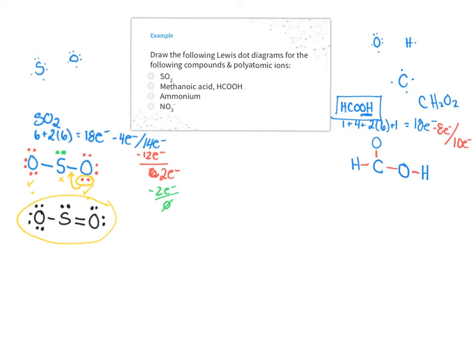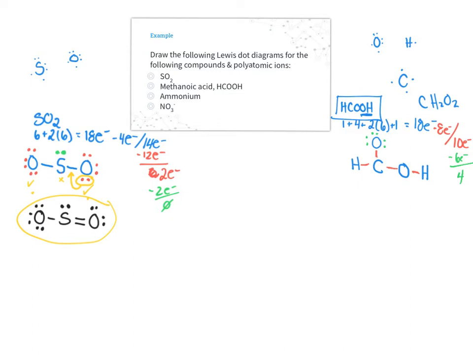So I'll switch colors so we can pay attention. We have 10 electrons to put in, and hydrogen doesn't need any. So we're going to work on the other outer atom. Next outer atom would be oxygen. So 1, 2, 3, 4, 5, 6 electrons. And I still have about 4 left.